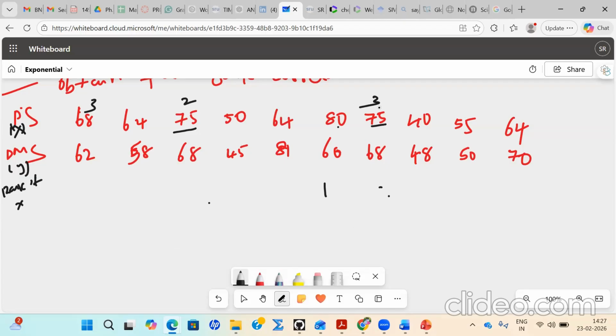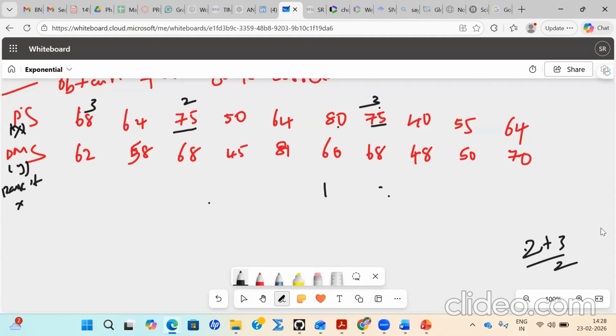Instead of giving 2, 3 here and 3, 2 there, I take the rank average: 2 plus 3 by 2, because I need to allot the second rank and the third rank. Clear? That is why I am taking the average of those two ranks. Suppose you have three repeated, you have to take 2 plus 3 plus 4 by 3. This is the way you have to continue. Am I making sense? Are you able to follow?